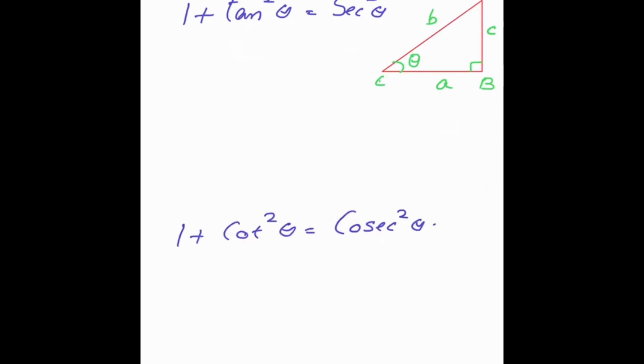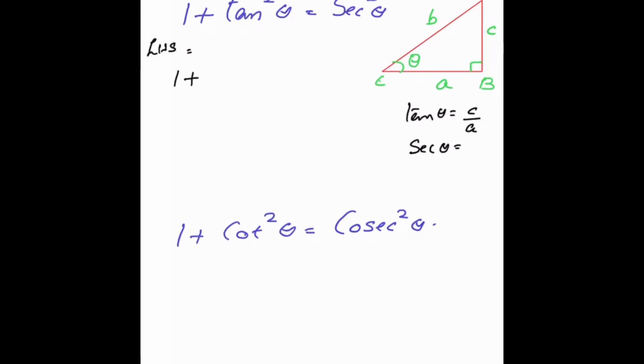Now the next identity is 1 plus tan squared theta is equal to secant squared theta. The same method we will follow. So LHS is equal to 1 plus tan squared theta. Tan theta is opposite side by adjacent side, so it is C by A. Secant theta is 1 by cos.